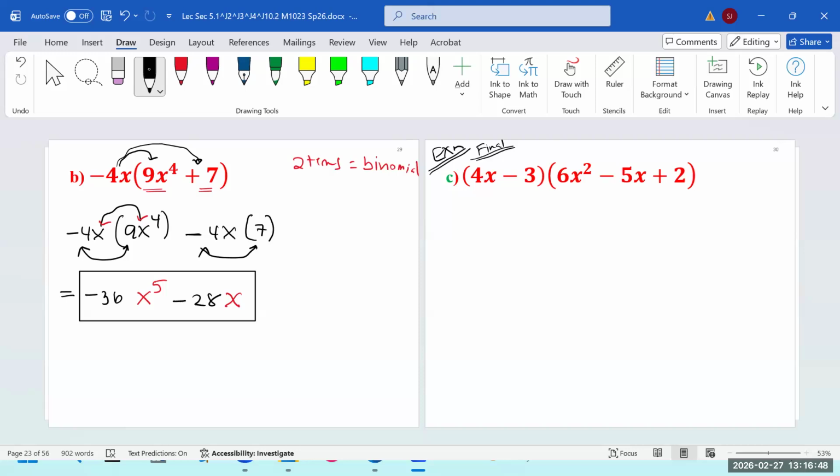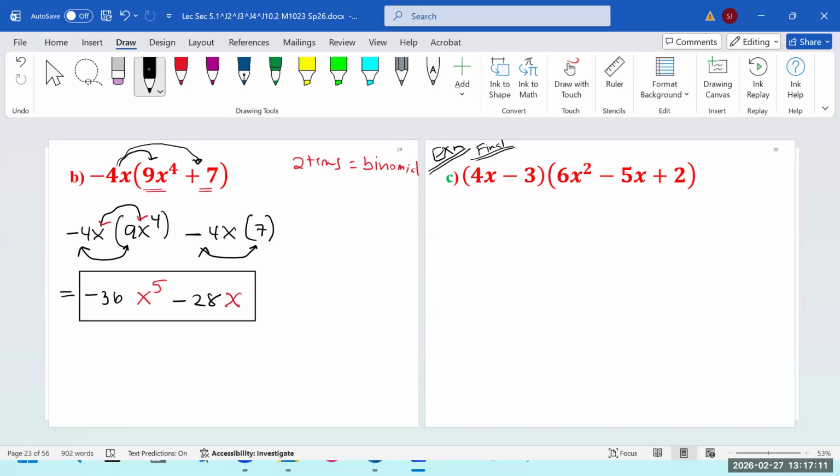We take one monomial from the first binomial and multiply everything in the trinomial. And then we take the second monomial in the binomial and multiply everything in our trinomial. So either you can do it the way we did in the left side, or there is one method I found in common in most of the students called box method.